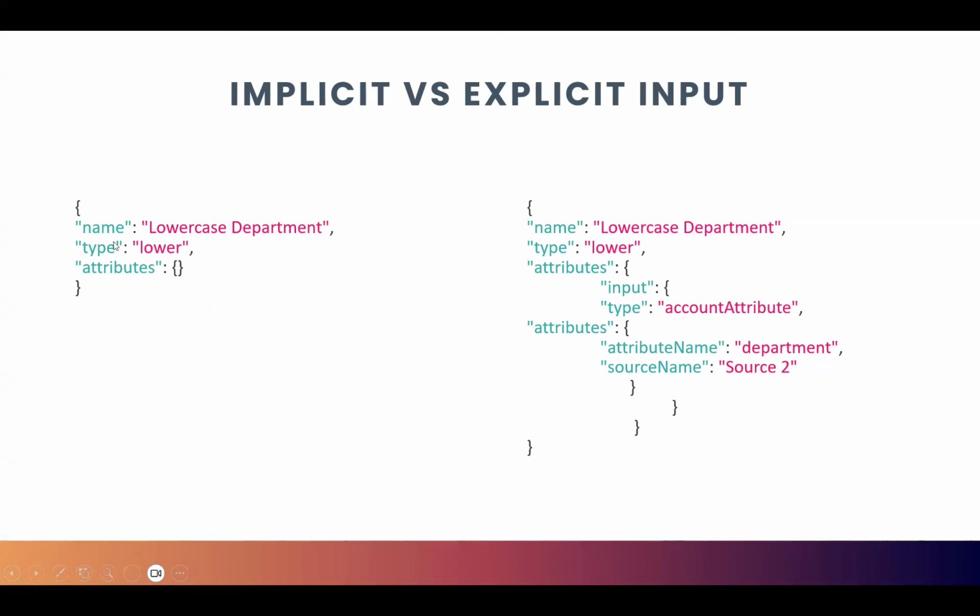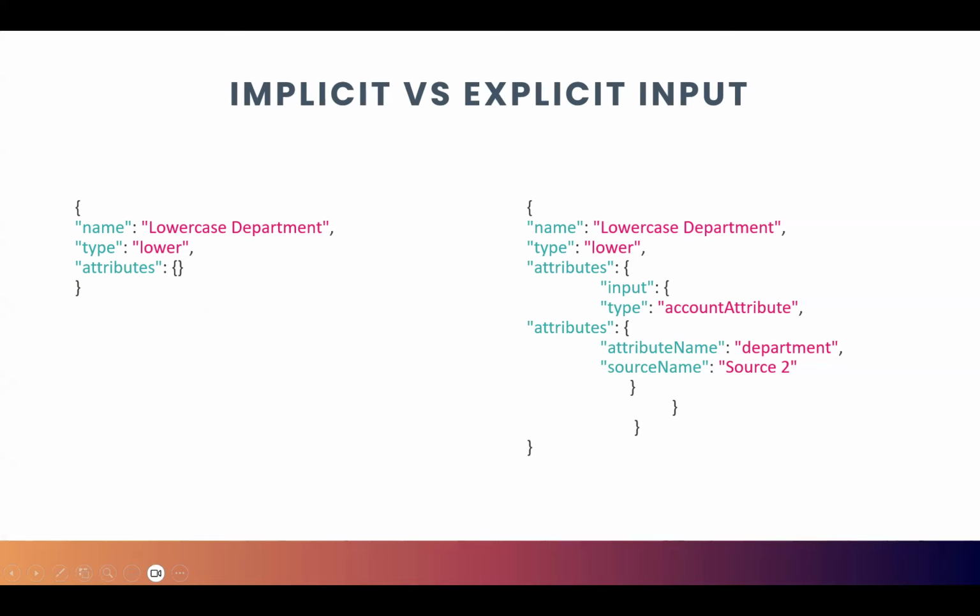to the attribute, the name of the attribute is already set to department by default on source one. You will be getting the department as the output with lowercase.